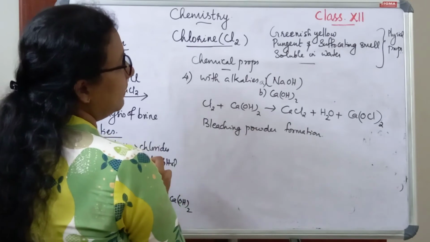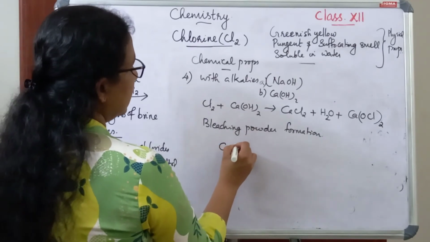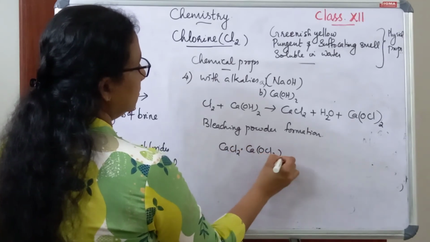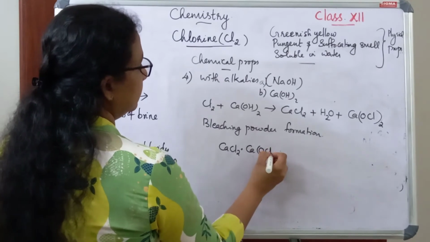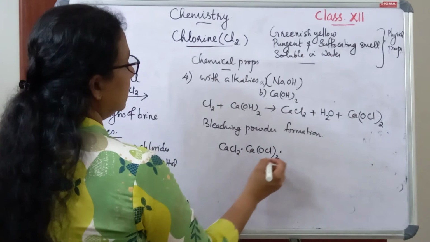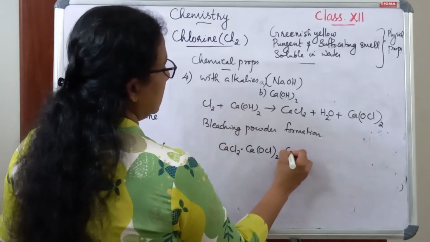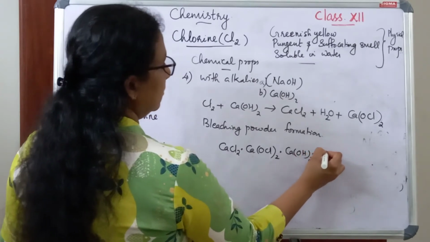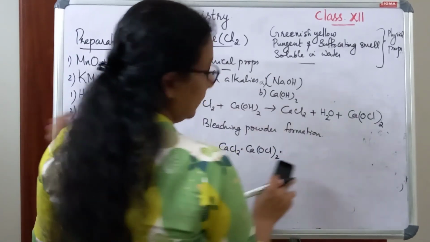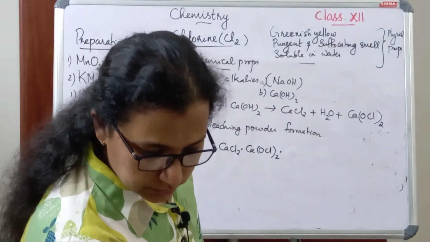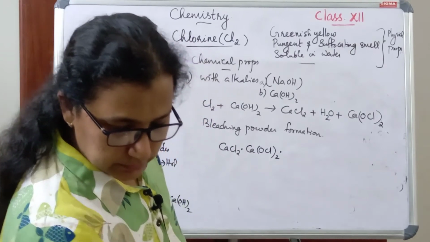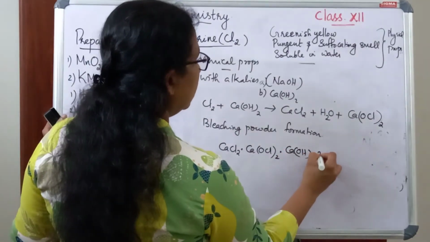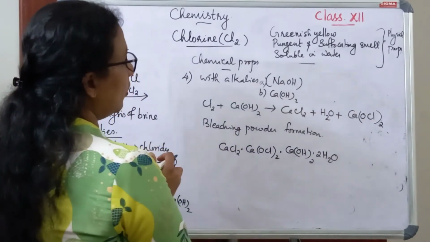The chemical composition of bleaching powder is CaCl2 dot Ca(OCl)2 dot Ca(OH)2 dot 2H2O. So this is the actual composition of bleaching powder.